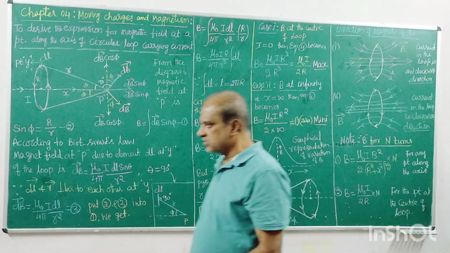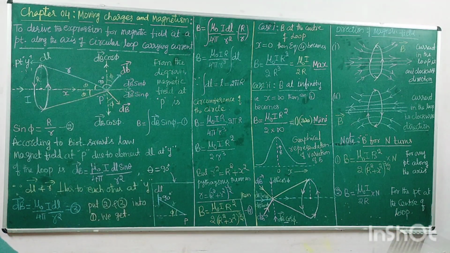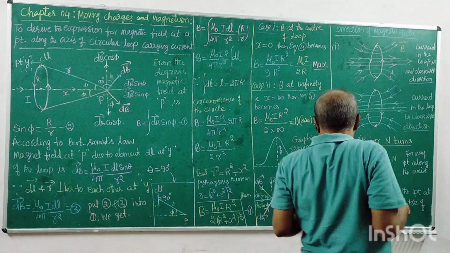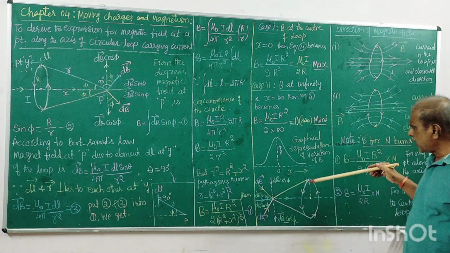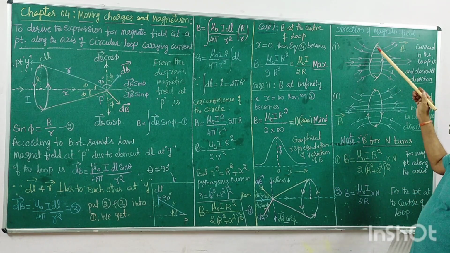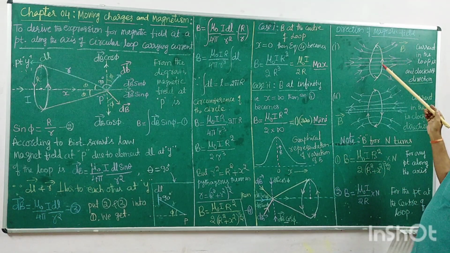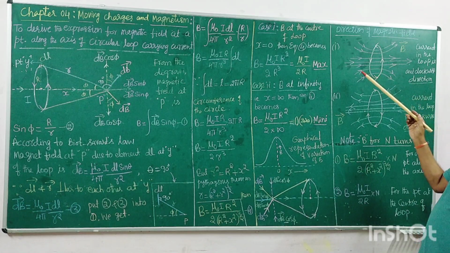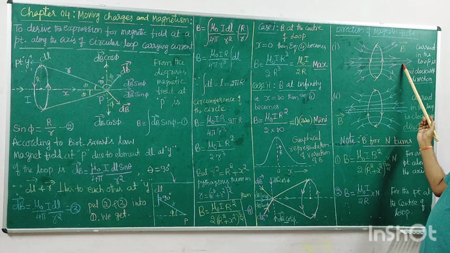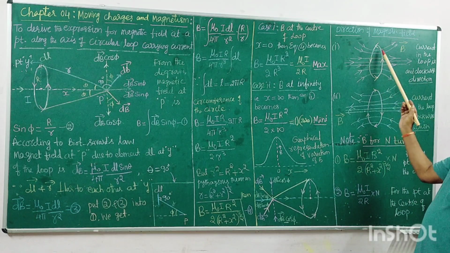So this is the concept, and one more thing will be the direction. Now I have told you, if the loop current direction is anti-clockwise, what is the possible direction of the magnetic field? Left to right. Look at the line.